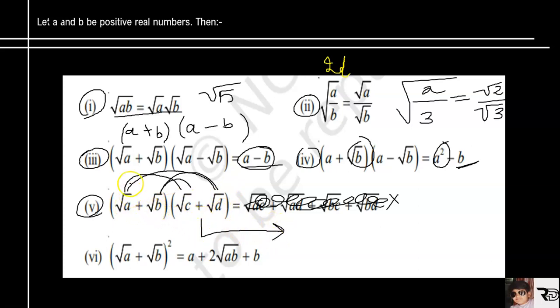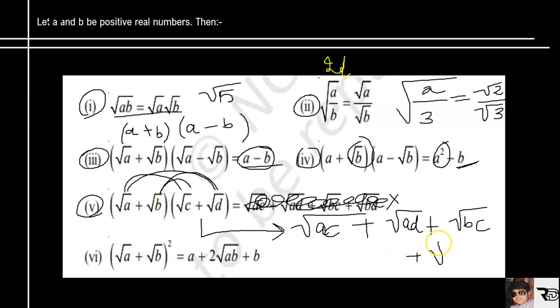When I first multiply root A with the whole bracket, this becomes root AC plus root AD. Now I multiply the second variable, which is root B, with the whole bracket, so root B into root C becomes root BC, and then plus root B into root D gives me root BD.